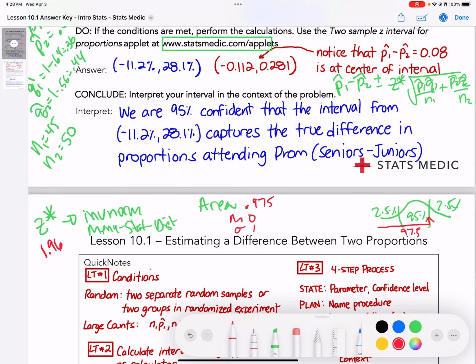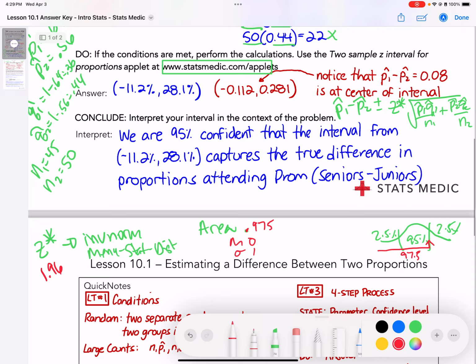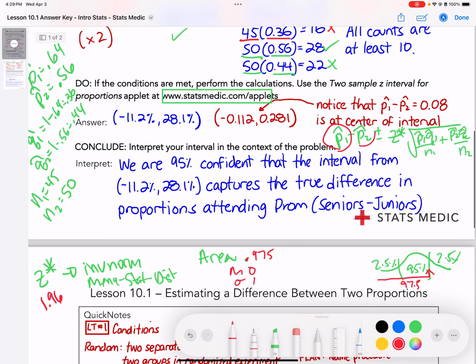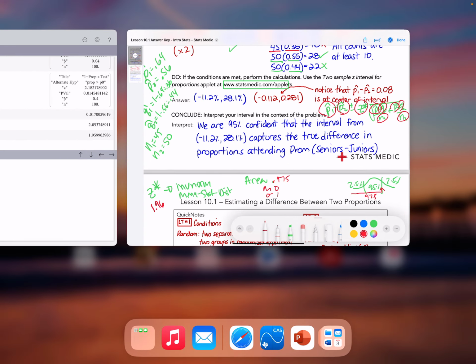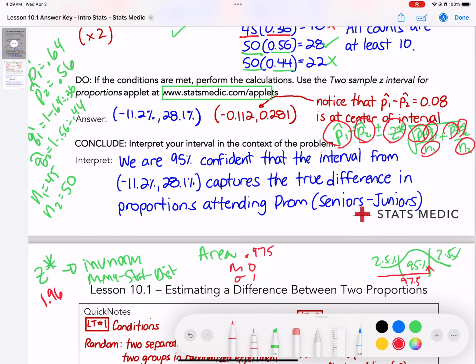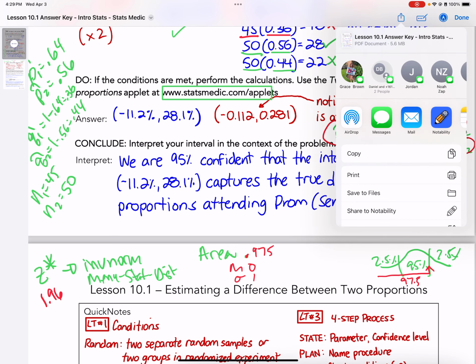So let's put all this together. I'm going to put everything into this formula, all these numbers, and it's a bit of a mess here. Let me just send this to a new page.